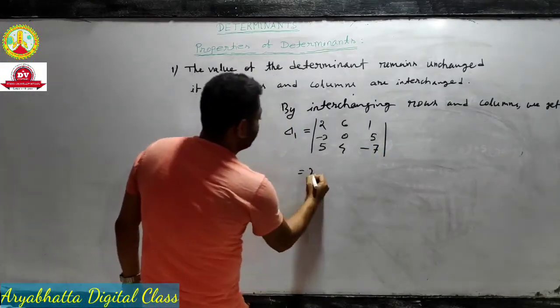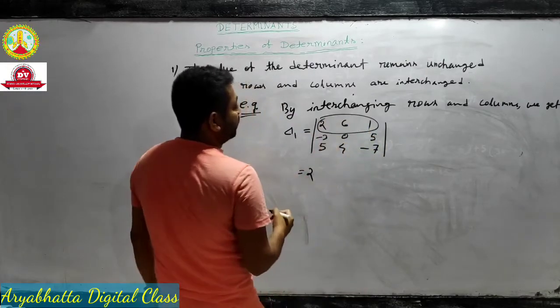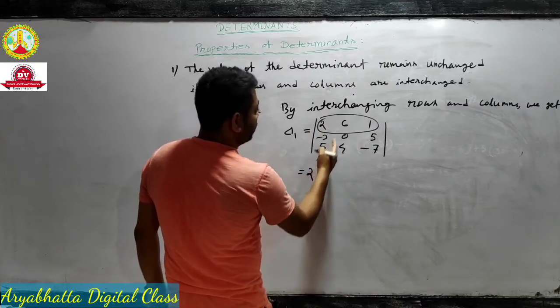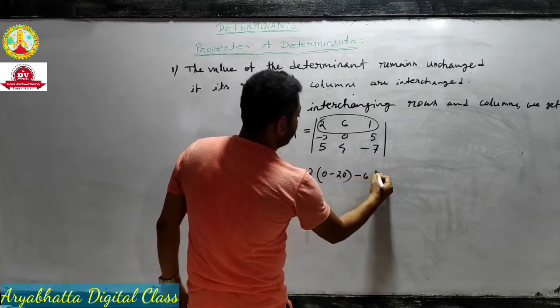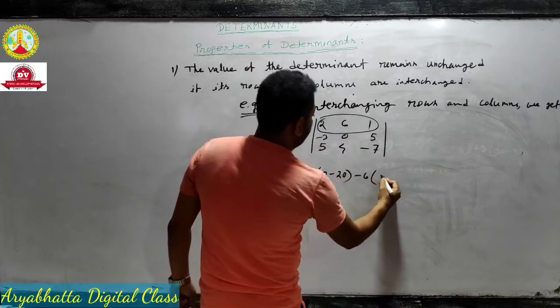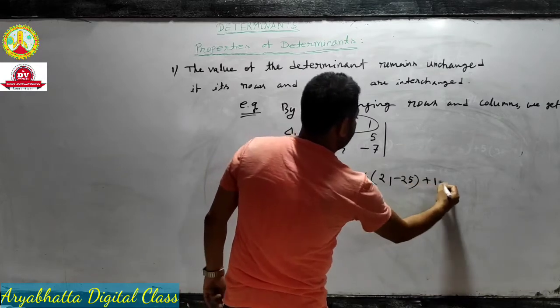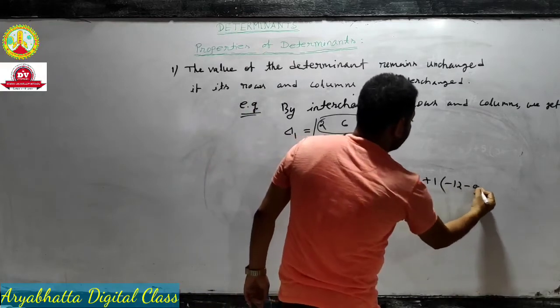Expanding by using the first row, we have 2 into (0 minus 20), minus 6 into (21 minus 25), plus 1 into (minus 12 minus 0).